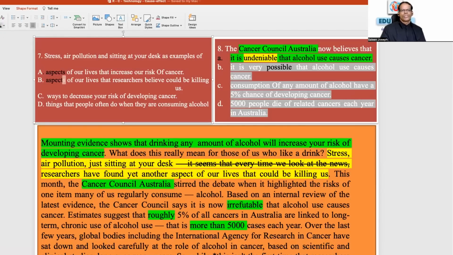So it is a direct question. But the important thing is another aspect, another is important. Why? Why another is important? One aspect is mounting evidence shows alcohol, consumption of alcohol causes cancer. Another aspect, what kills human lives is stress, air pollution. And just sitting at your desk, continuously sitting at your desk.